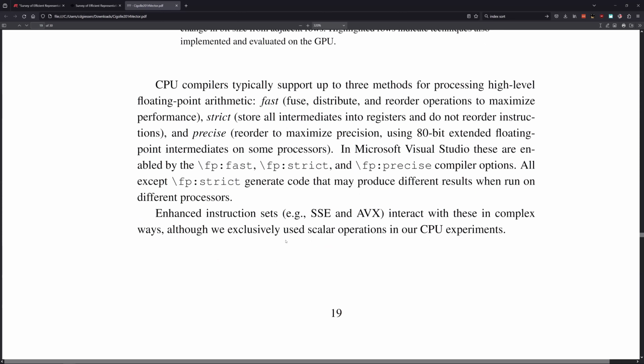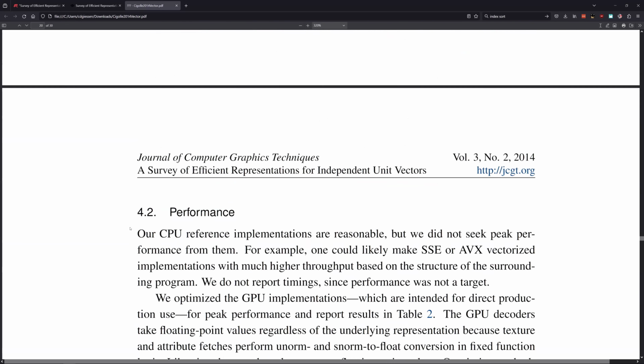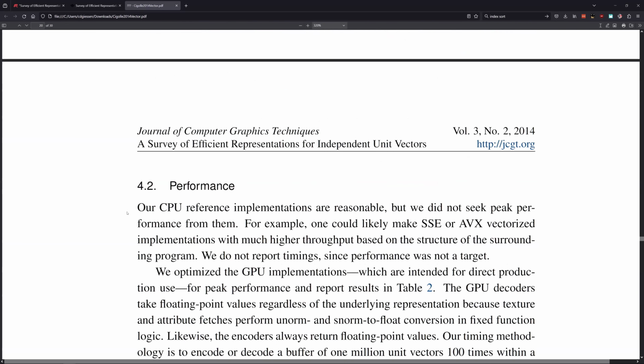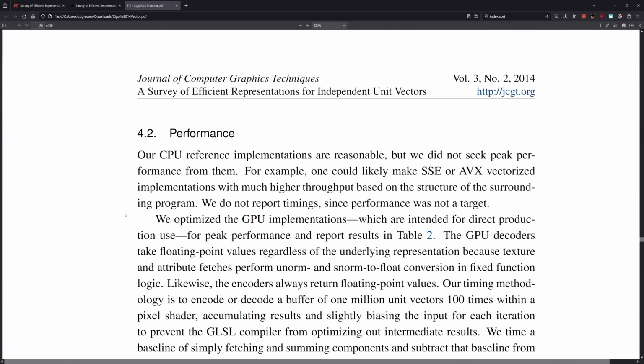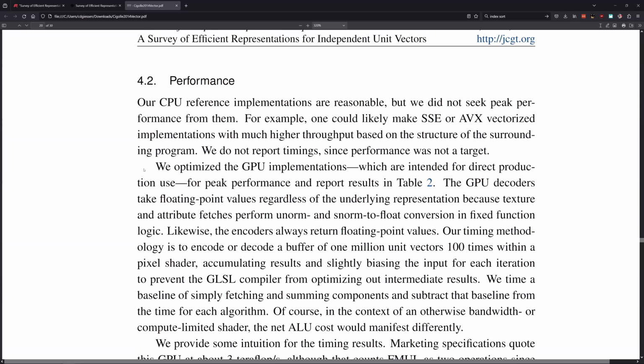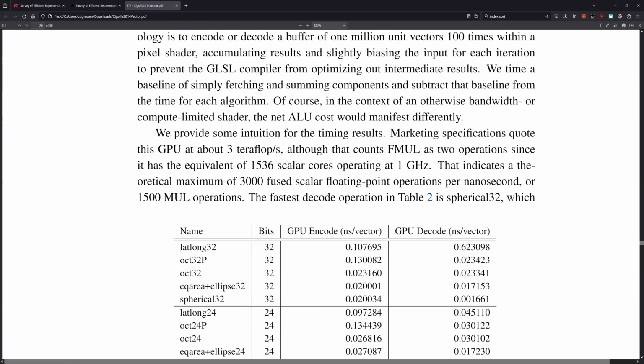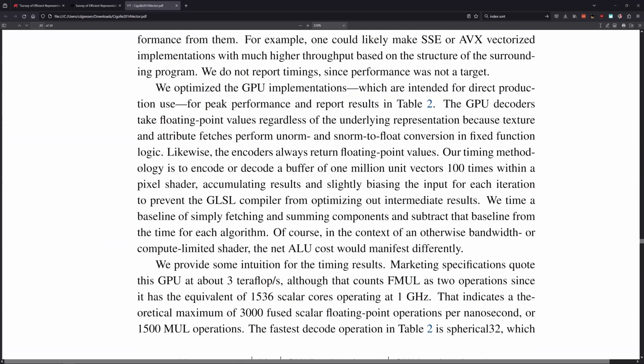SSE and AVX exist and make things more complicated, so we're not going to consider them, at least for performance comparisons. I'm not going to go too deep in their performance timing, just because there is so much you can do to analyze performance of algorithms.